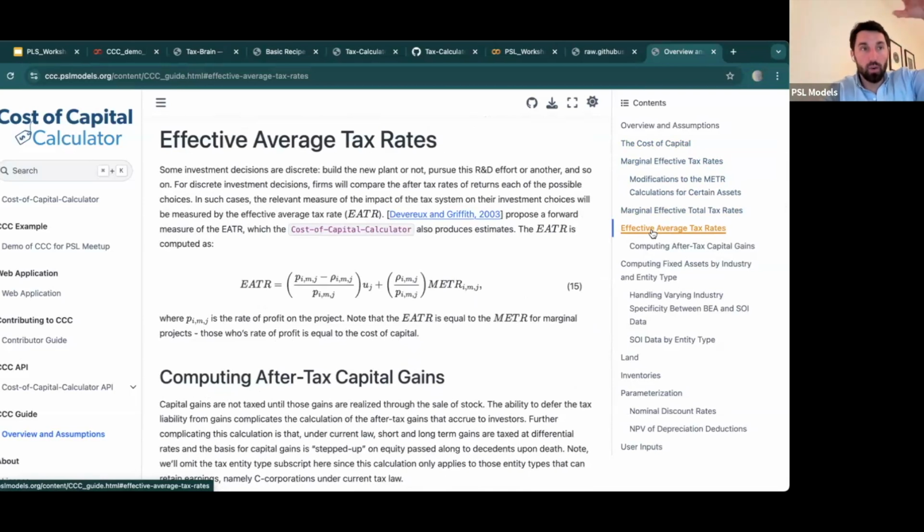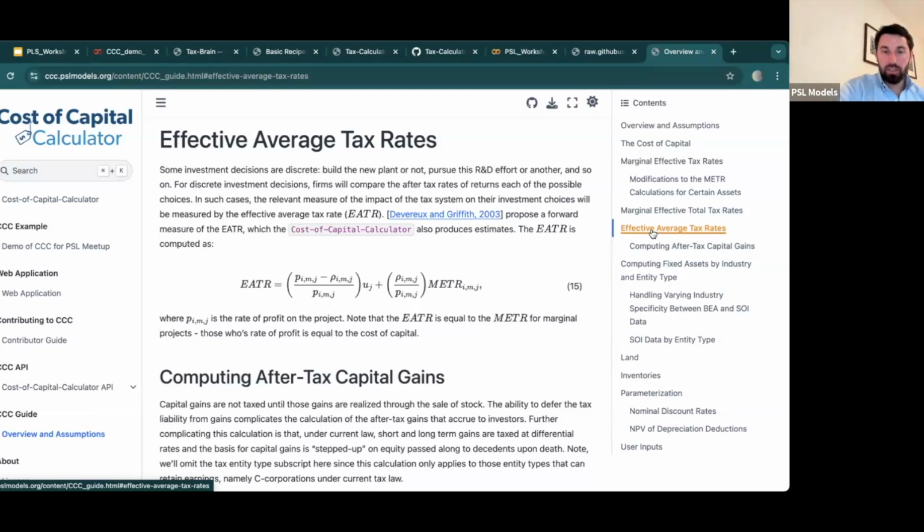Do firms locate here or somewhere else? Whereas the marginal effective tax rate is more relevant for thinking about investment on what we would call the intensive margin, a little bit more, a little bit less, rather than the extensive margin. Do you put it in the US or do you put it in Europe? But again, both those measures are things that you can compute from the cost of capital calculator.